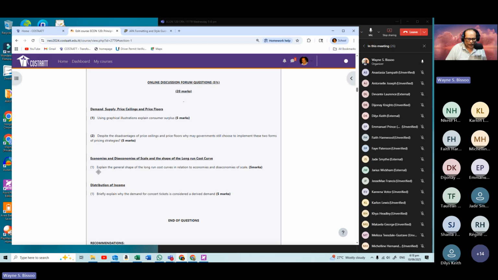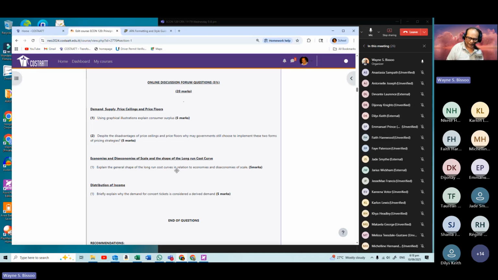Whereas in this question, under economies and diseconomies of scale, explain the general shape of the long run cost curve in relation to economies and diseconomies of scale, you don't have to, but a diagram would be useful in helping to shape your discussion.